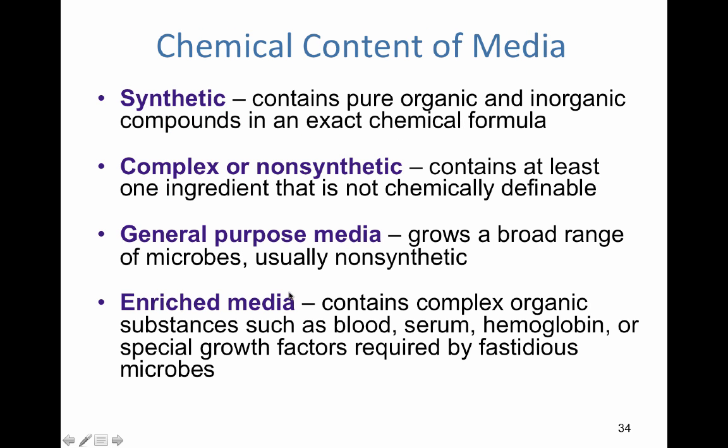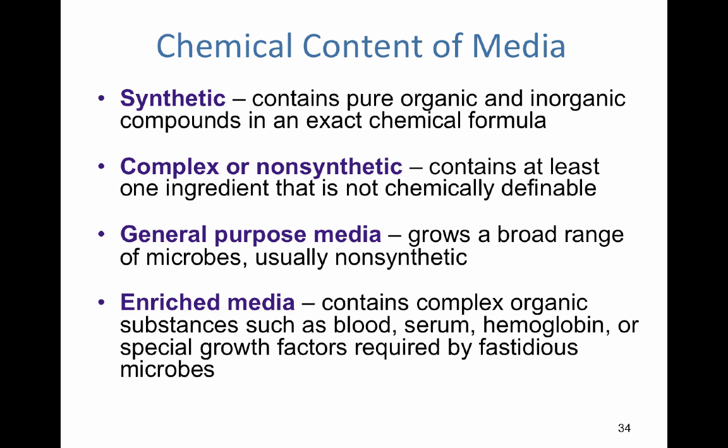Now, we have some media that contains complex organic substances, so we can add blood, hemoglobin, or special growth factors that are required by certain types of microbes. And since we're on this topic of growing microbes, I want to say there are a lot of microbes that we can't grow. For example, from last week's lecture, I told you that there are billions of microbes in the gut.